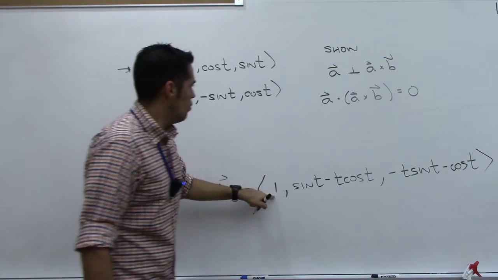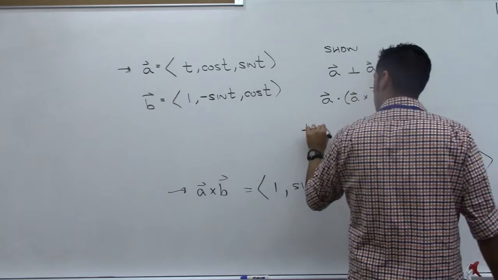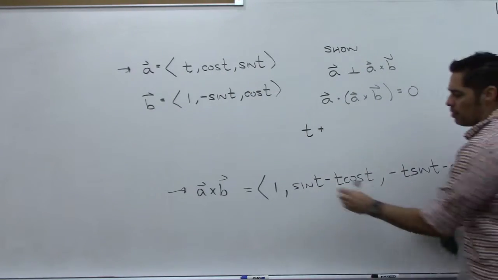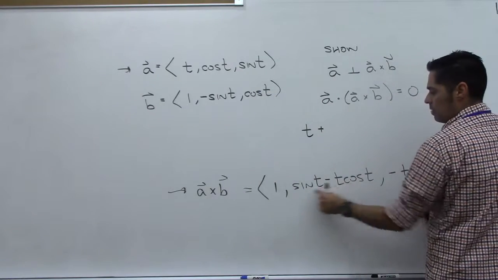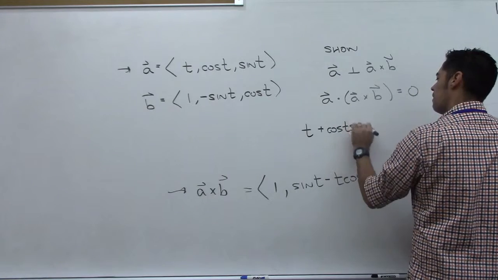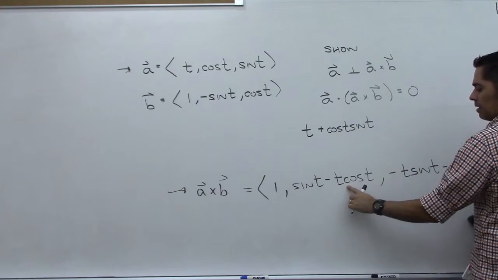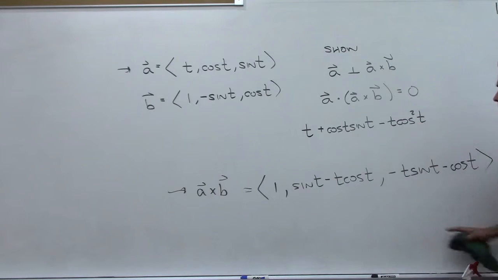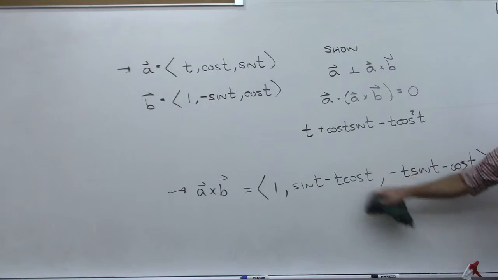T times 1 is T, plus cosine T times this. So when I multiply cosine T, I have to distribute it to each of these. So I get cosine T sine T. Then I multiply this by cosine T, so I get minus T cosine squared T, because you have 2 factors of cosine.